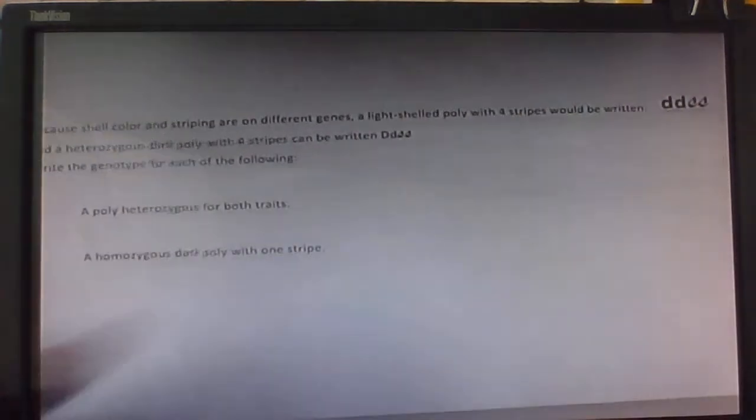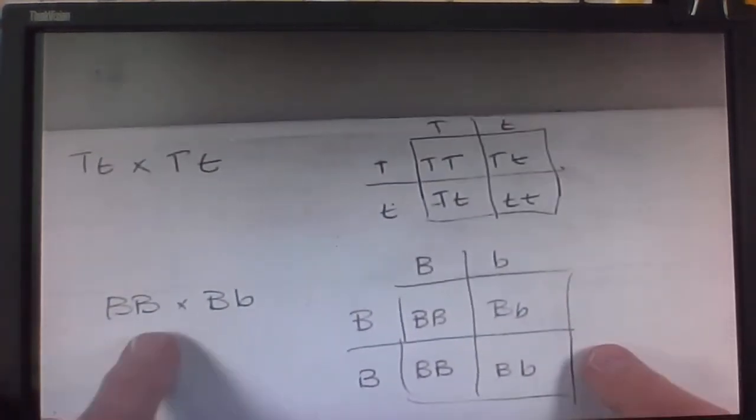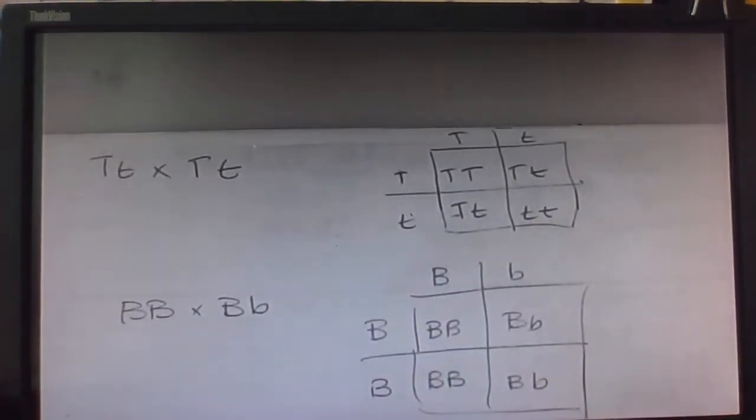All right. So before we move on to anything else, this is kind of what we've been doing. We've been taking one characteristic in a Punnett square and another characteristic in a Punnett square.